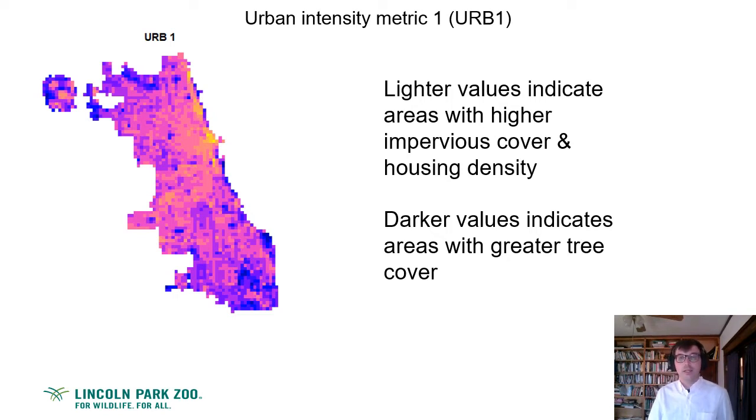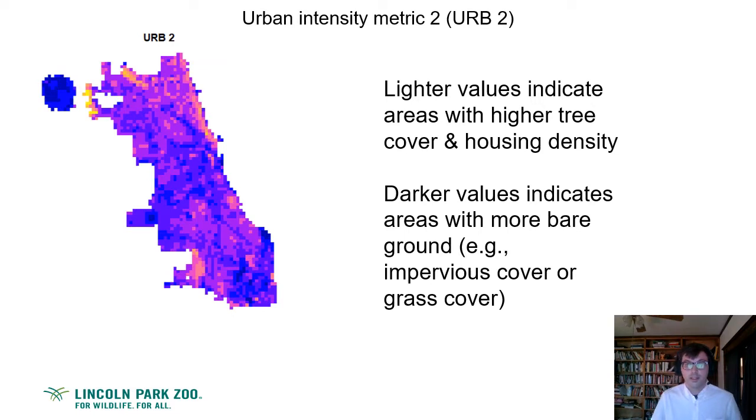The landscape is changing from areas with greater tree cover to areas with greater impervious cover and housing density. This second urban intensity metric essentially captures a gradient of bare ground, so impervious cover or grass cover, when negative, these darker values, to areas with more tree cover and housing density at the same time when positive, these lighter colors that we see here on this figure.